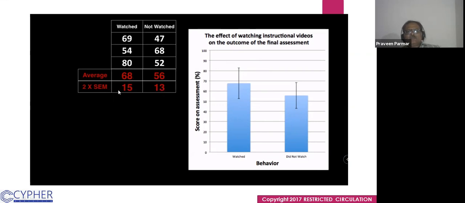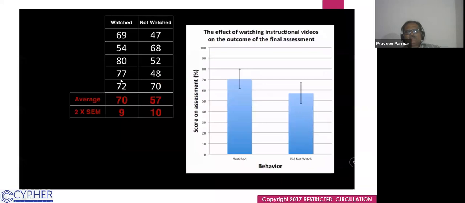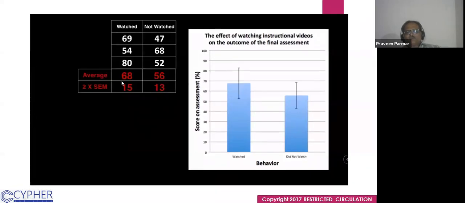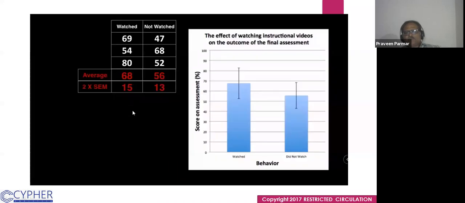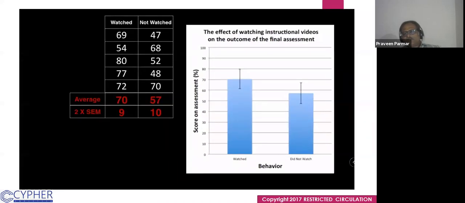If I increase a few data points here, like 77, 72, 48, 70, the mean does not vary too much. 68 and 56 here, you see the mean is 70 and 57. But this SEM decreases too much, from 15 and 13 to 9 and 10. So if I increase the sample size, the standard error of mean decreases.